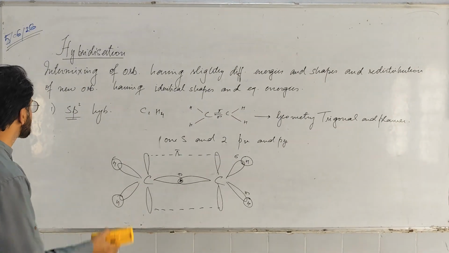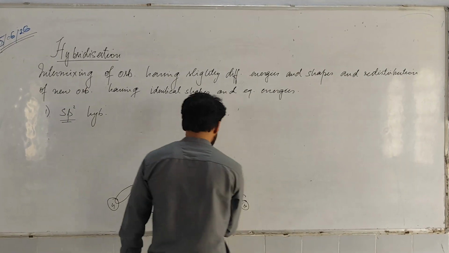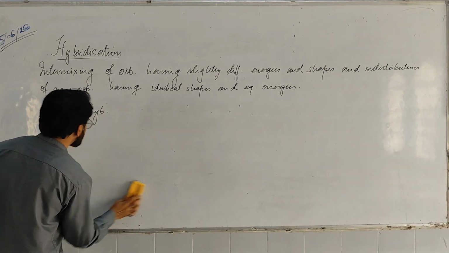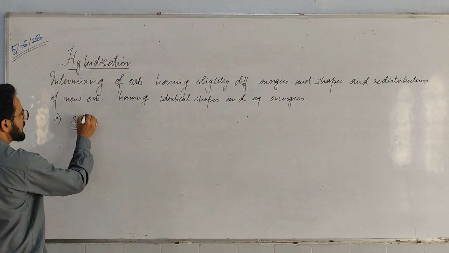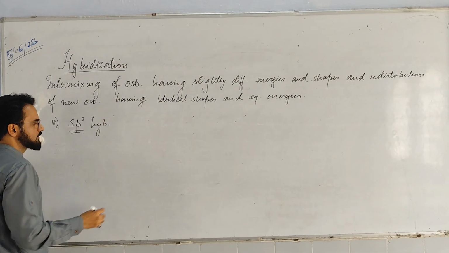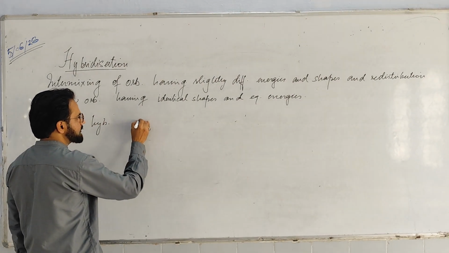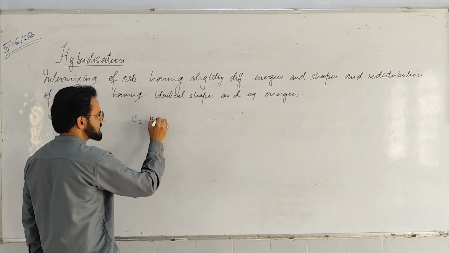Okay, so the next hybridization is sp3 hybridization. For that, we have the example C2H6.